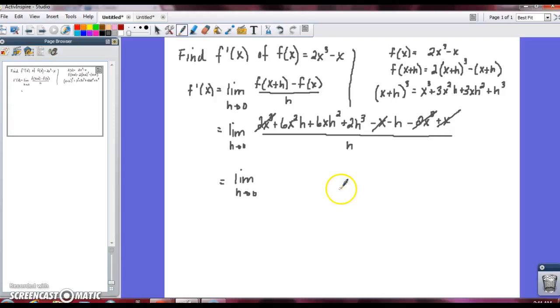And so what I'm left with then is 6x squared h plus 6xh squared plus 2h cubed minus h, all of that over h.